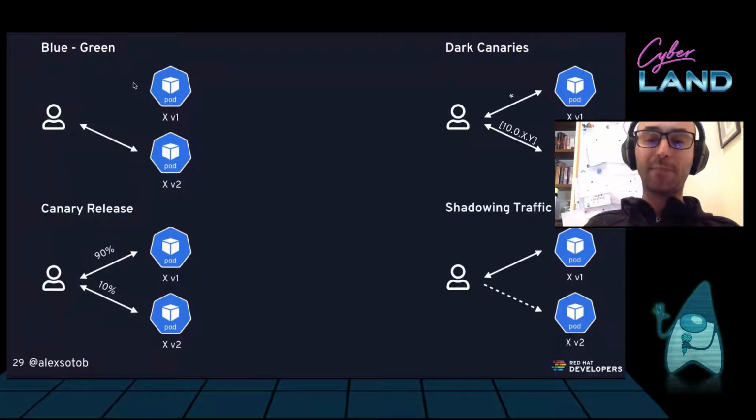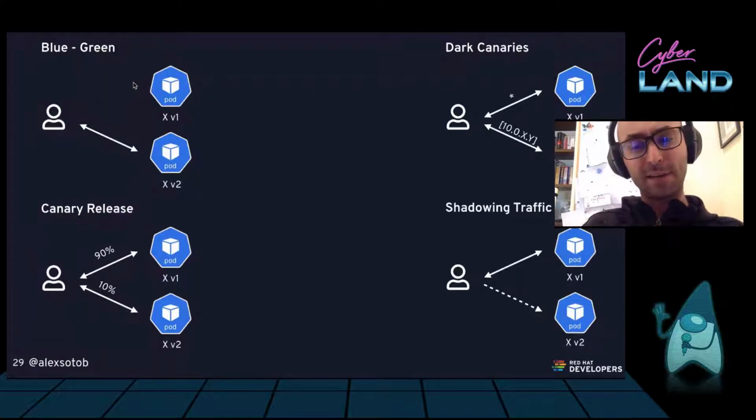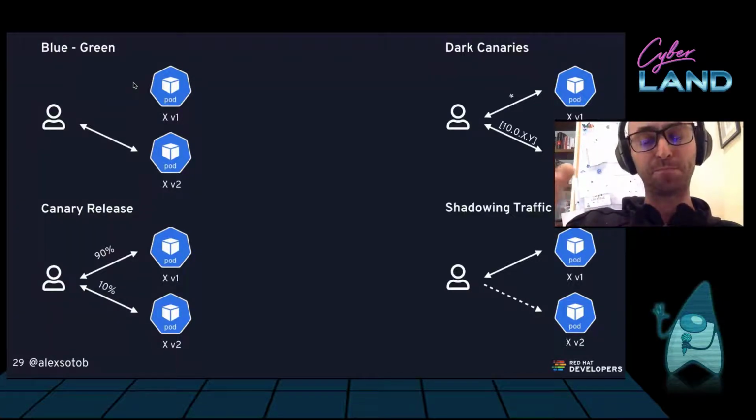You can do, for example, shadowing traffic. Shadowing traffic is a technique used to do testing in production, which basically means that you are sending the same request to two services. You're sending the traffic to service V1 and also to service V2. But notice that now the lines are different. One is dashed and the other not.